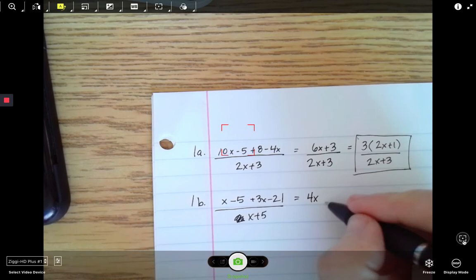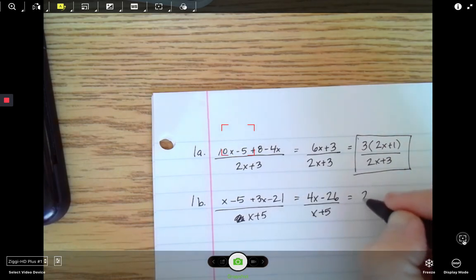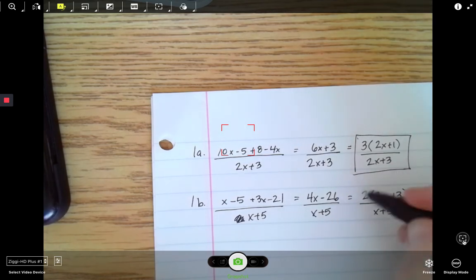Negative 5 minus 21 would be a negative 26 over x plus 5, and I would factor out a 2 to give me 2x minus 13 over x plus 5. Nothing can be simplified there, so this would be my final answer.